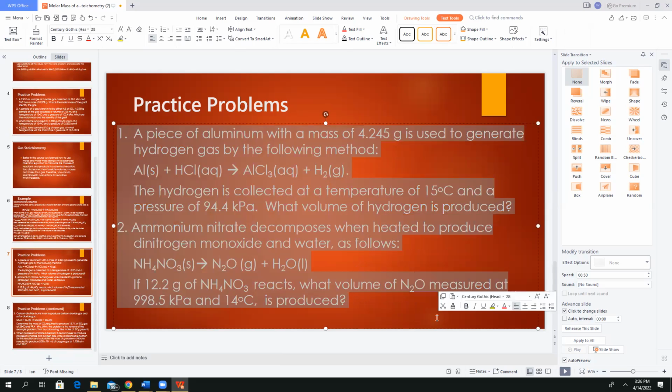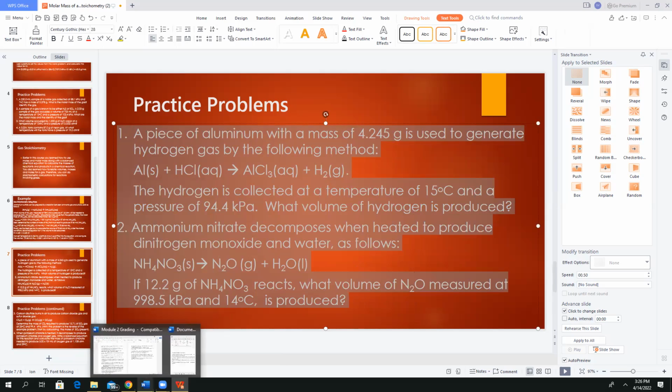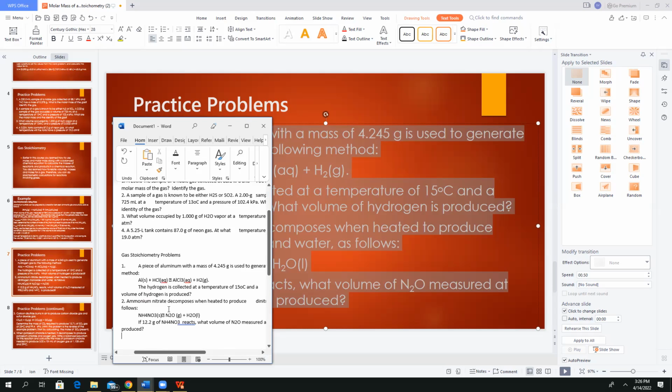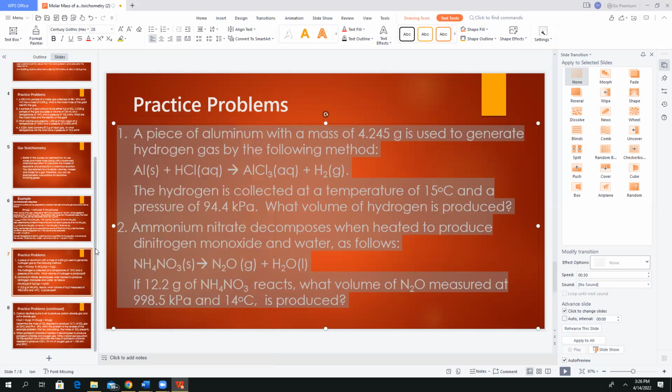And then this one has stoichiometry problems. That's one, and then there's another one, another sheet.